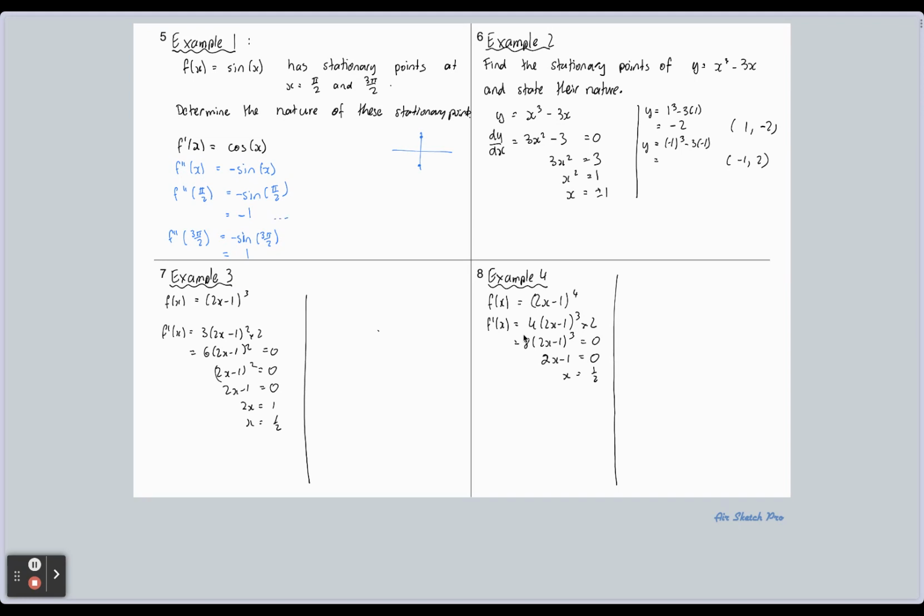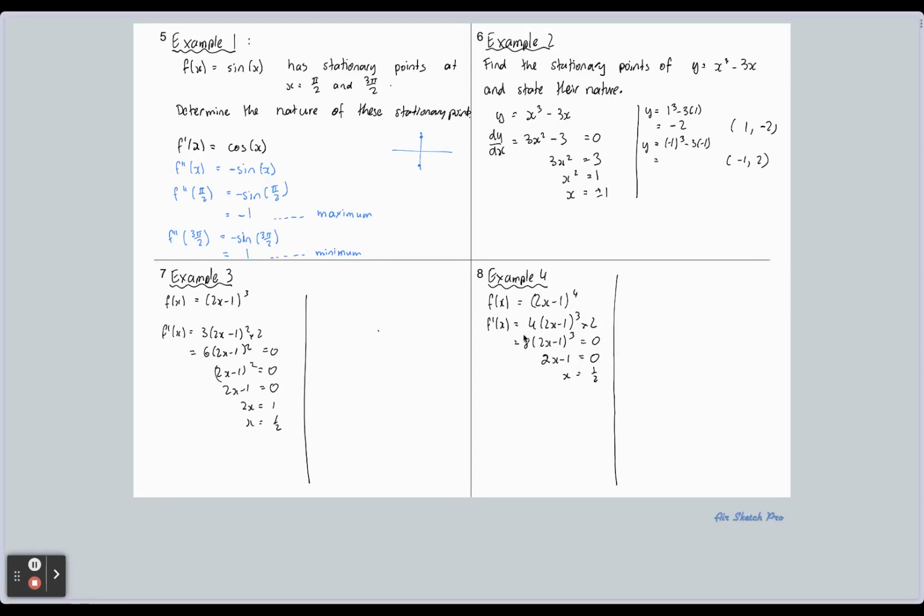And so at the first point we have a maximum because the second derivative is negative, and at the second point, 3 pi on 2, we have a minimum because the second derivative is positive. Done.